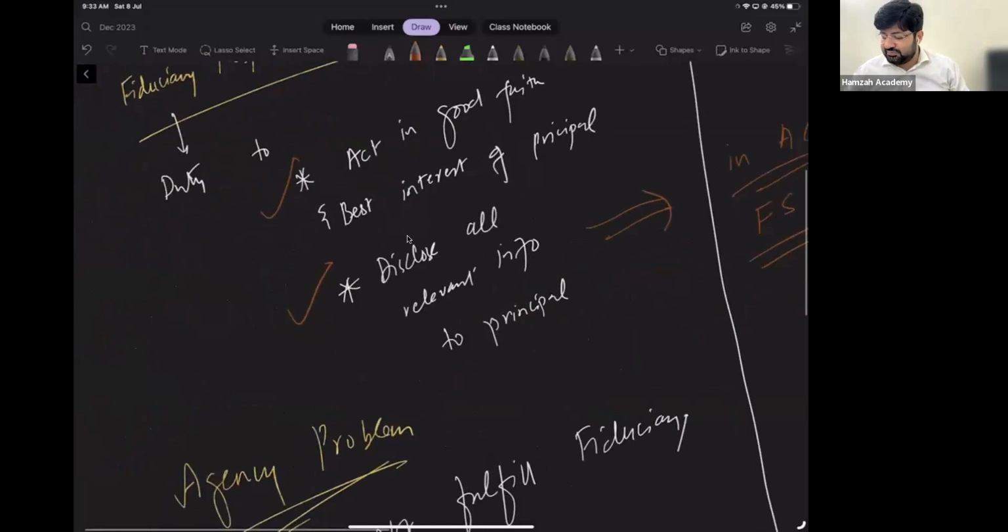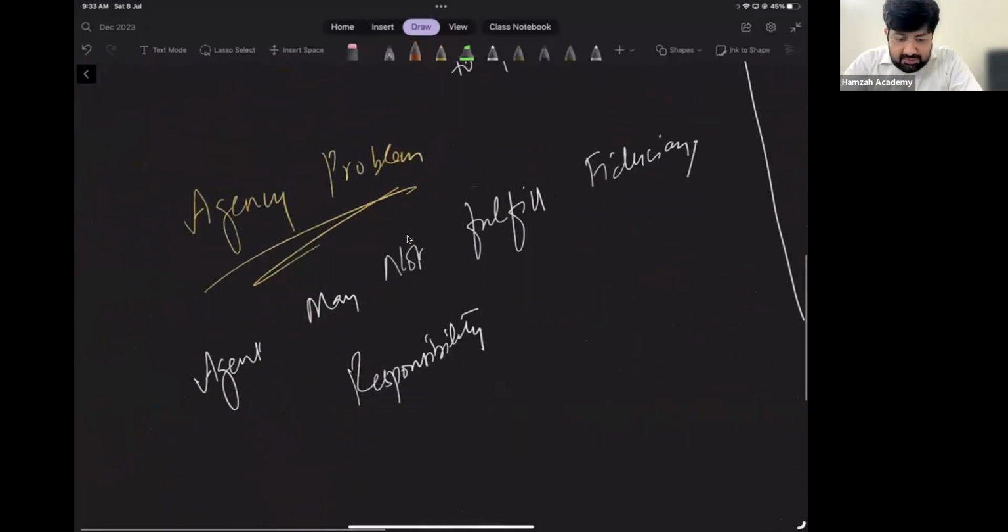Now, the agency problem. The problem is that directors may be making money for themselves. Directors may not be disclosing information properly in financial statements. When directors prepare financial statements and the annual report, they may not be giving the true picture of the company.